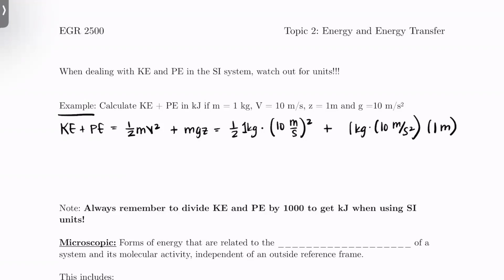All right, so we have then 60 kilograms meters squared per second squared. So if I do this computation, our units are kilograms times meters squared per second squared, right?